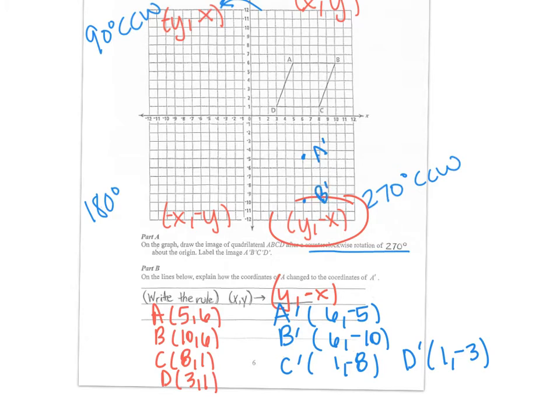B prime. (1, -8). C prime. And (1, -3). D prime. And then you just connect your dots. Your figure should have remained the same. It should have just rotated 270 degrees counterclockwise.